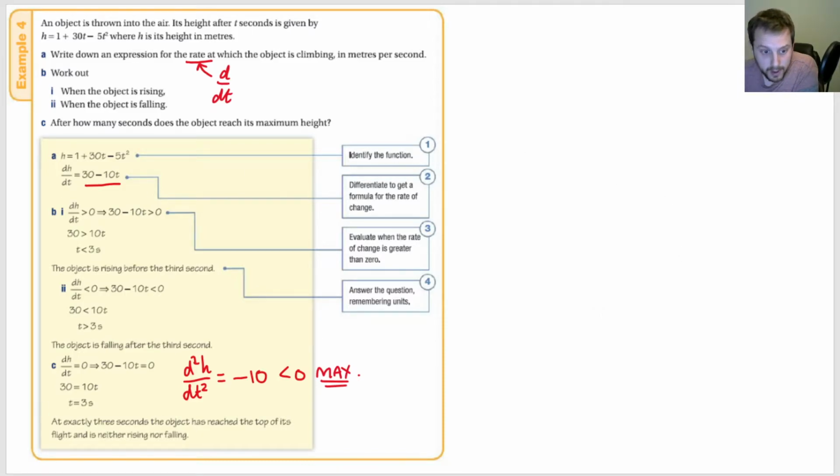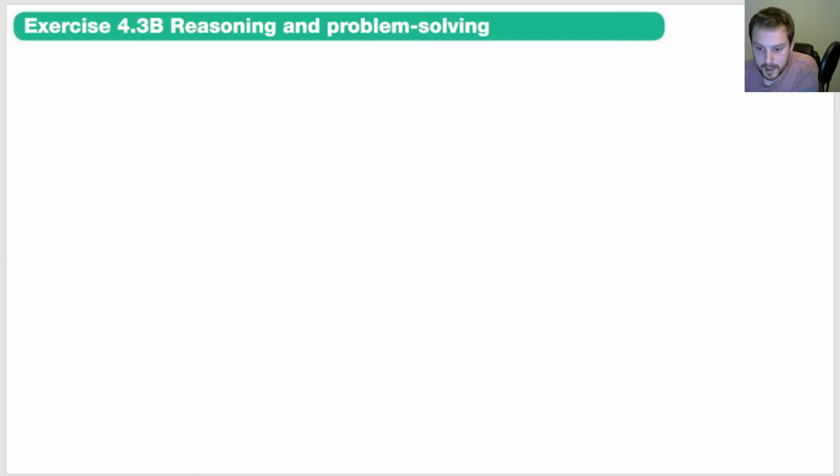So then anyway, you would do exercise 4.3b, and basically it's just a lot of very similar questions that we've already looked at, but the function isn't just like y is a function of x. It doesn't just give you this function. It's like a formula for something in particular that's within the context of the question, and you kind of go from there.